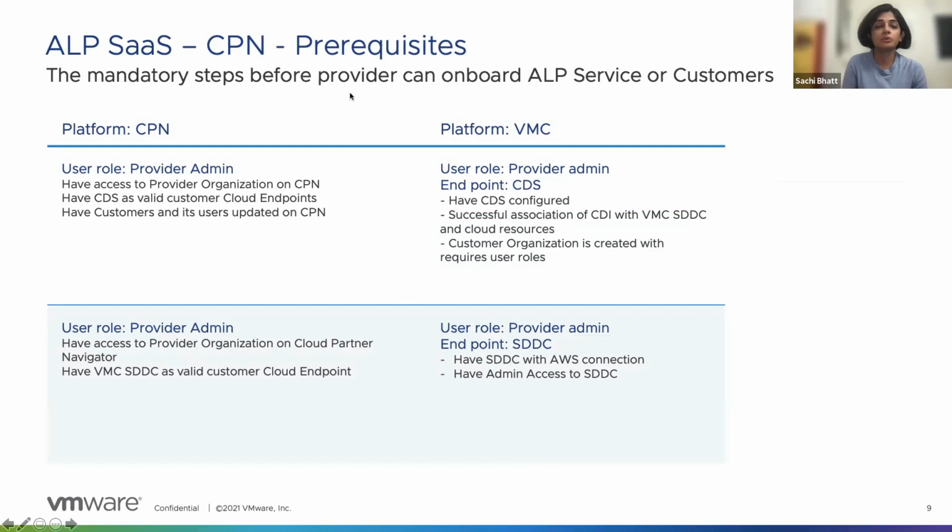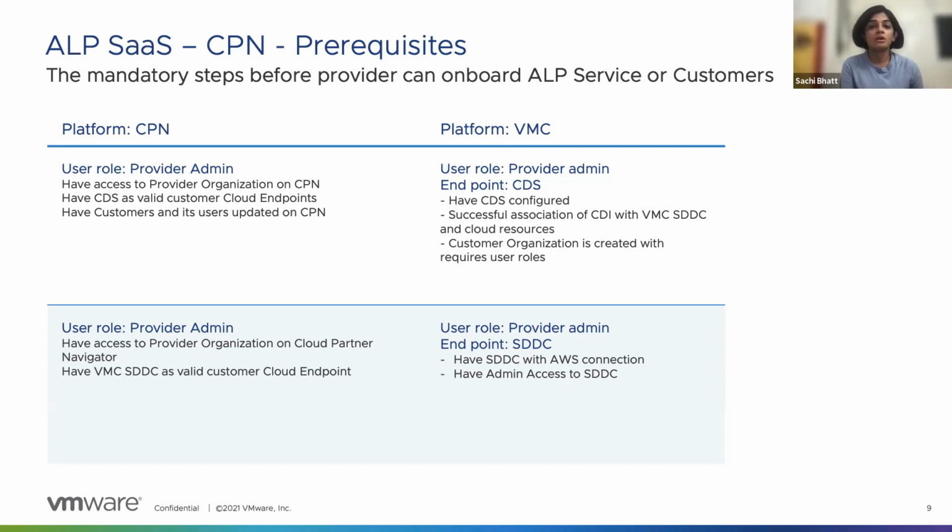Yeah, what are the prerequisites? These are standard prerequisites for any service given to customers on the Cloud Partner Navigator, where the provider has to create those user roles. The provider has to create the customer organization.